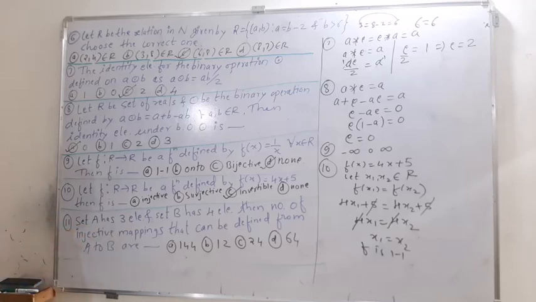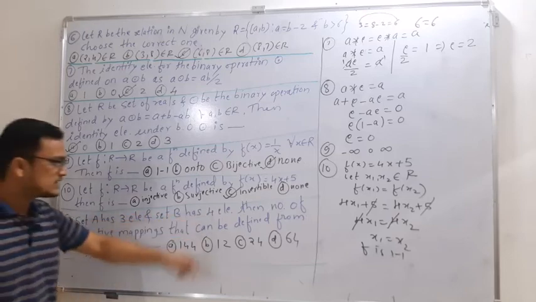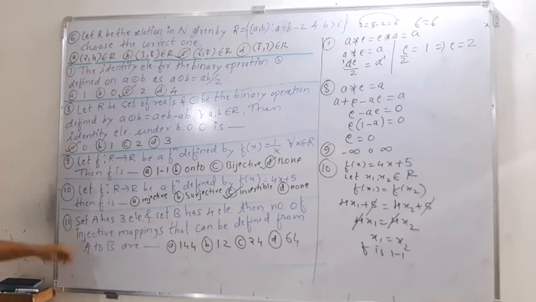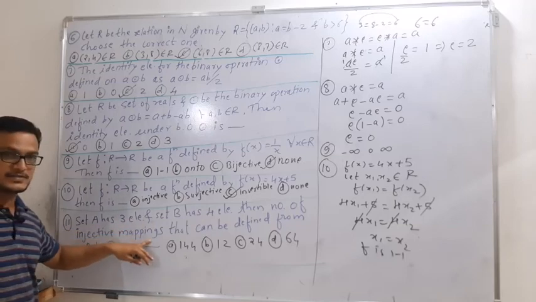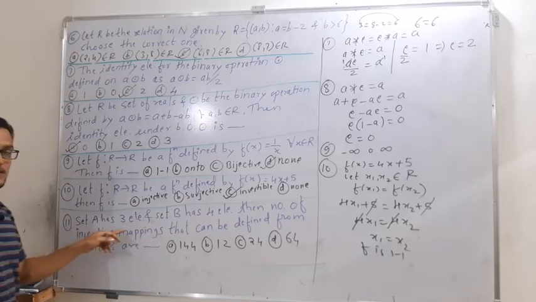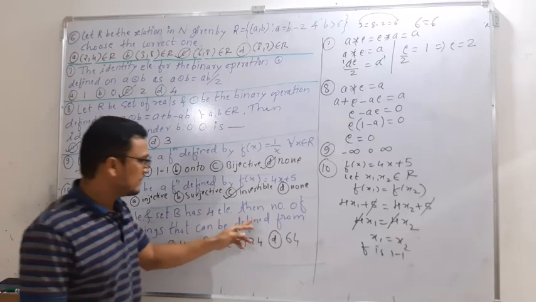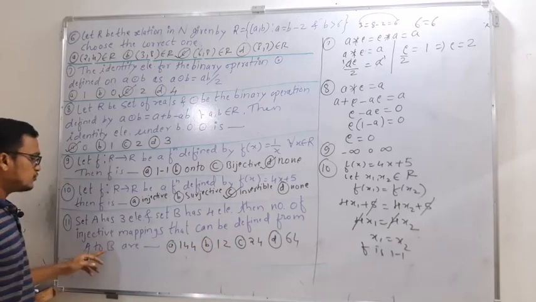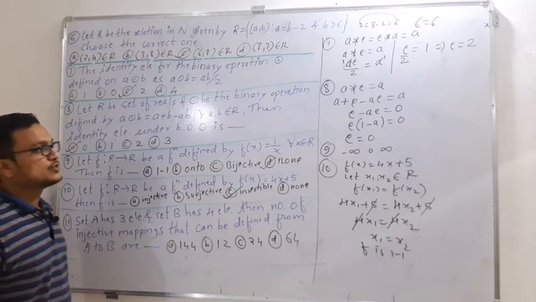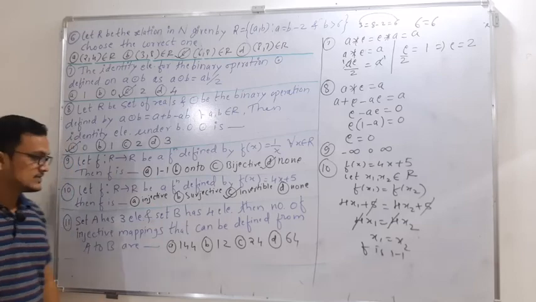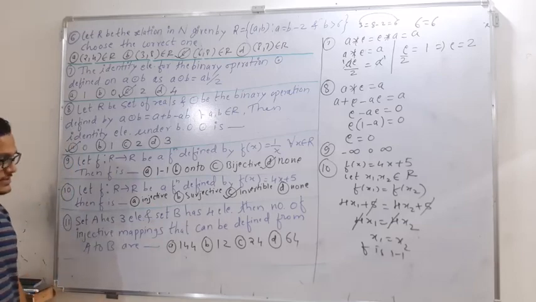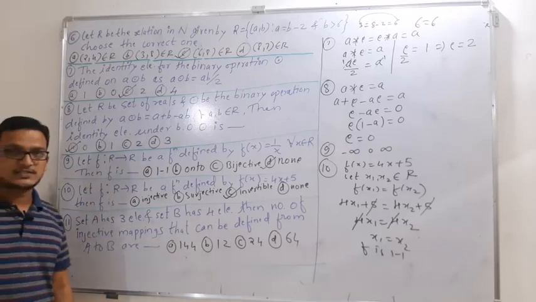Set A has 3 elements, B has 4 elements, then the number of injective mappings, that means the number of 1-1 mappings that can be defined from set A to B, are. Okay, so in the first class, in the introduction class, I might have given some points.